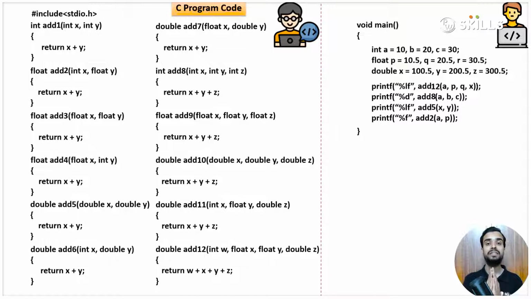This is compulsorily needed as within your program code, you're referring to an inbuilt function called printf. You're only making a call to that function, but the function body has not been defined by you. That is the reason why it is important that you link the standard input output .h header file through the preprocessor directive at the beginning of your program code.